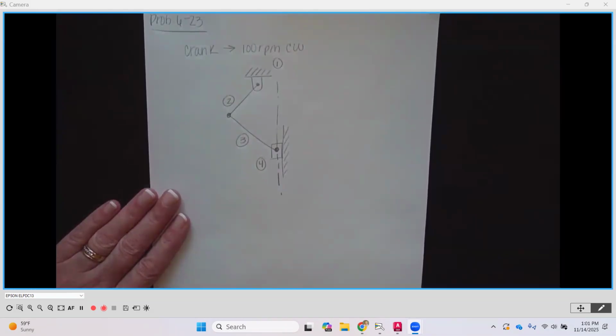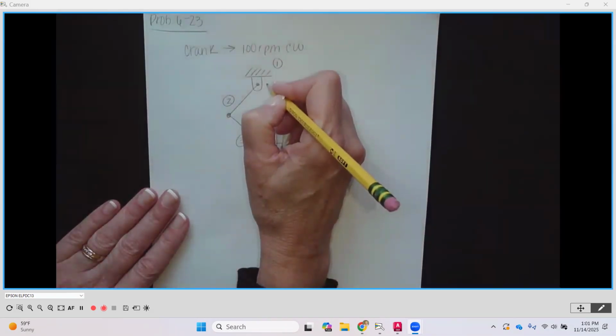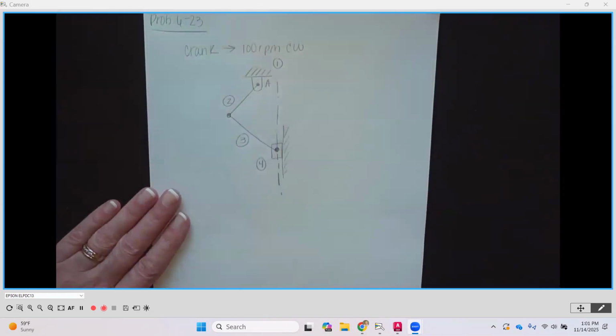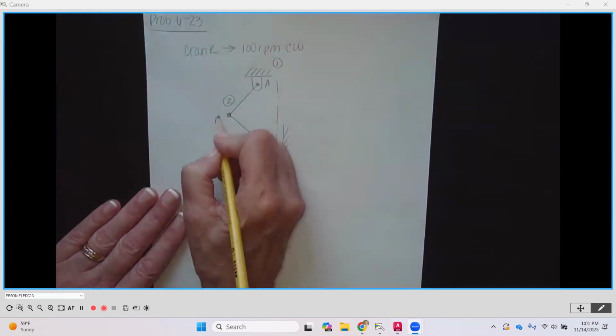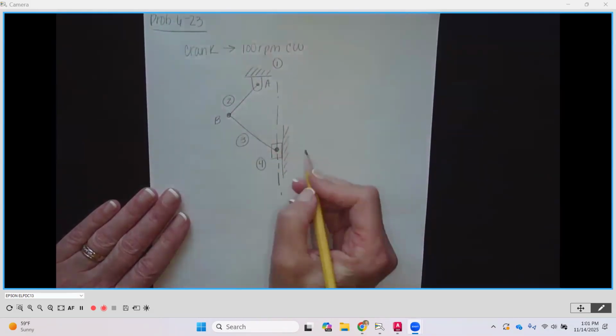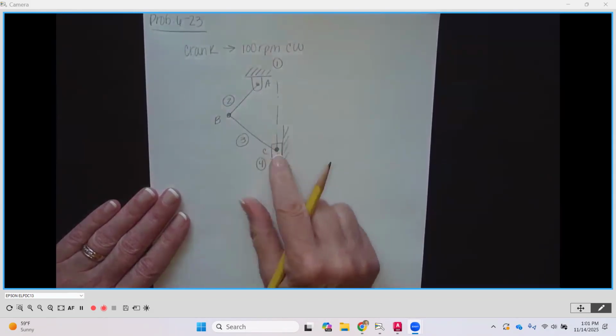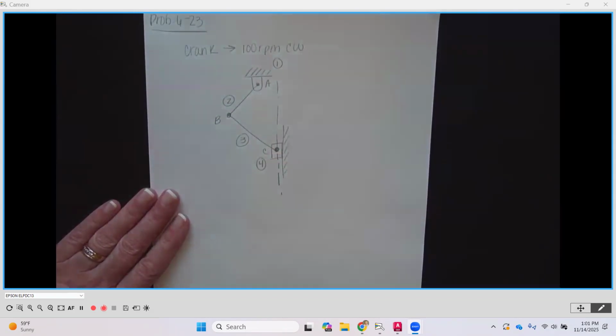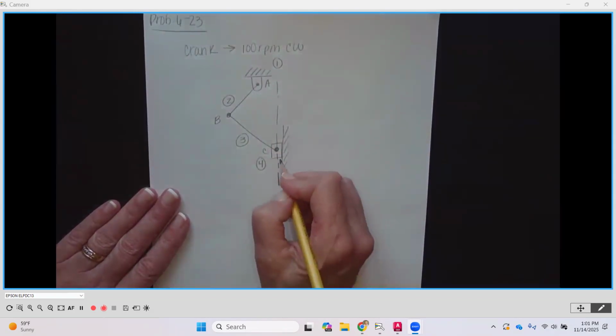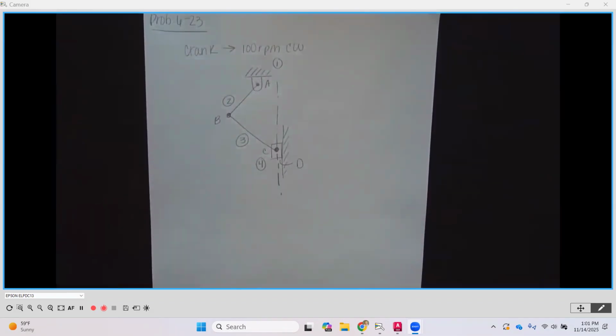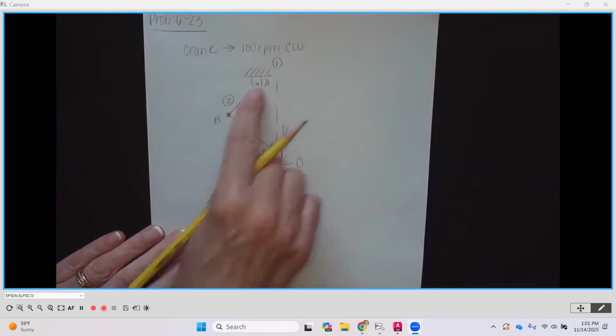Then as far as the joint labels, this is going to be A. B is going to be at the end of link number 2. C is going to be the center of my slider. And then I'm going to sneak D in right there. That's going to be between our slider and our frame, where it's constrained to vertical motion only. So this is going to be the diagram that we create.